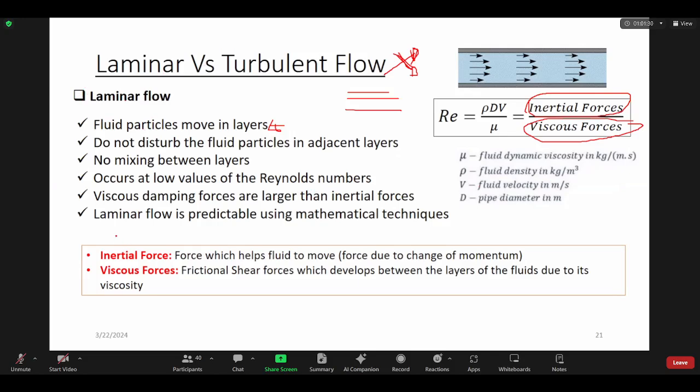Laminar flow is predictable using mathematical techniques. We will check this part in the future.